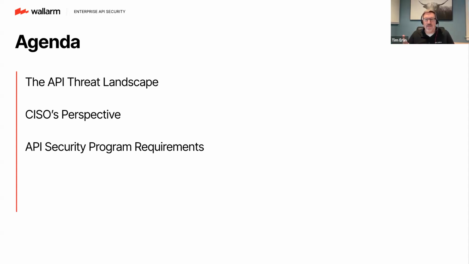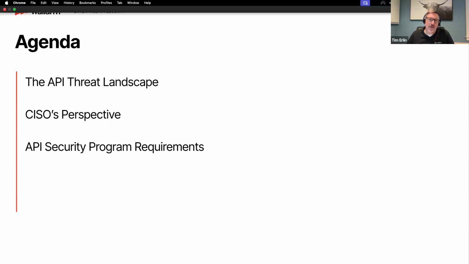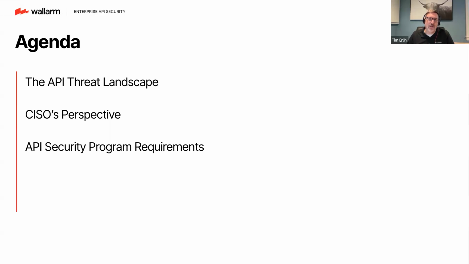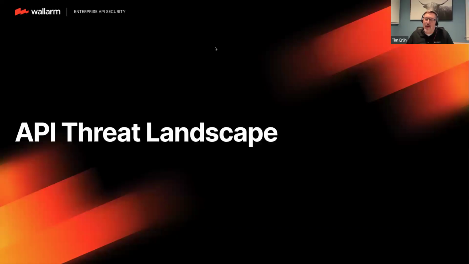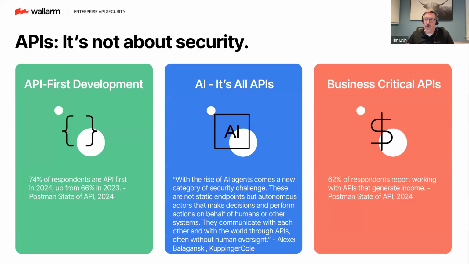So with that being said, let's start by talking a little bit about the API threat landscape. And I think rather than diving into the threats themselves, I actually want to start with the not-security parts of the API threat landscape. If you've been in security for a while, or even if you're new to security, you understand pretty quickly that the fastest, most effective way to secure a system is to simply turn it off.